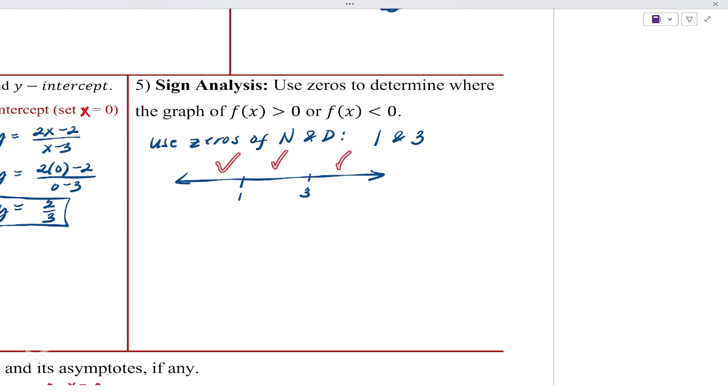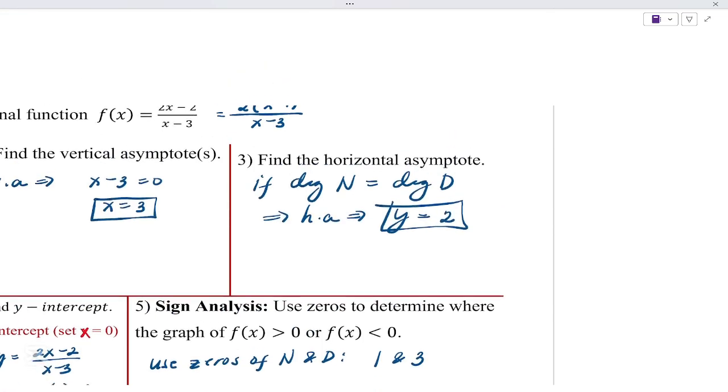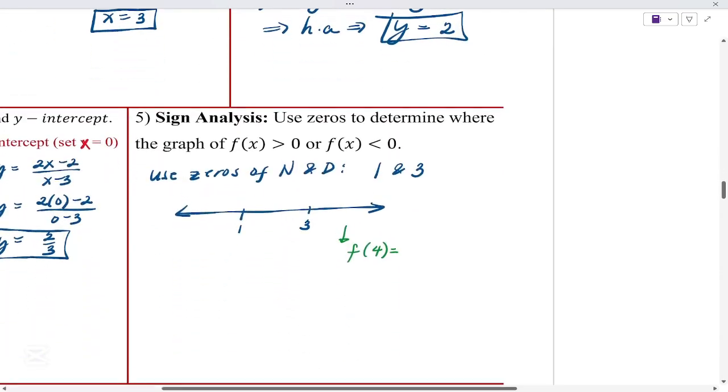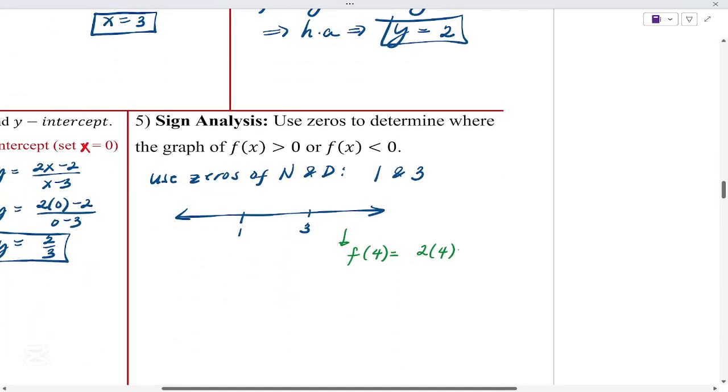So let us start using a number on the right interval. Let's choose 4. So we will solve for f of 4. f of 4 is 2 times 4 minus 2, divided by 4 minus 3.